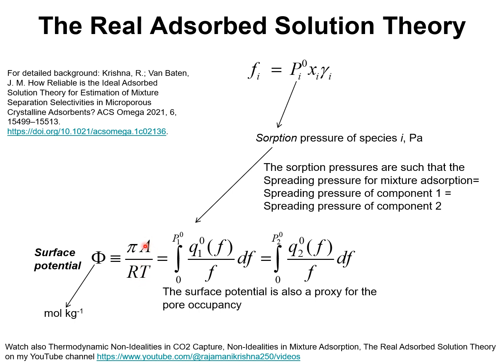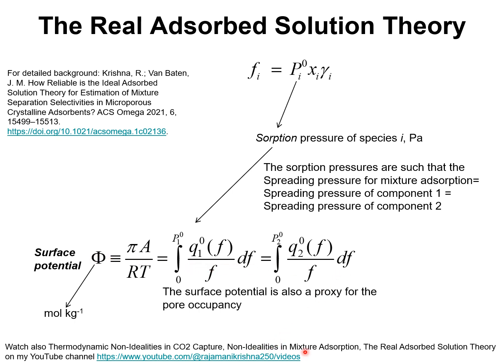Since the surface areas are not easily accessible from experiments, it is convenient to define a surface potential phi, which is the product of the spreading pressure times the specific area divided by RT. This can be determined from the equations given here.